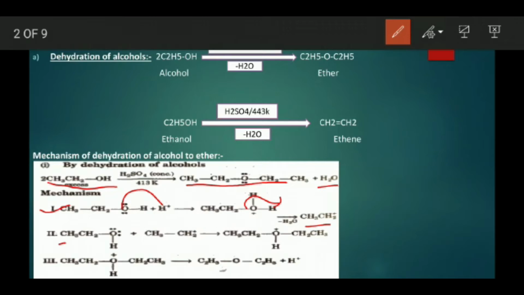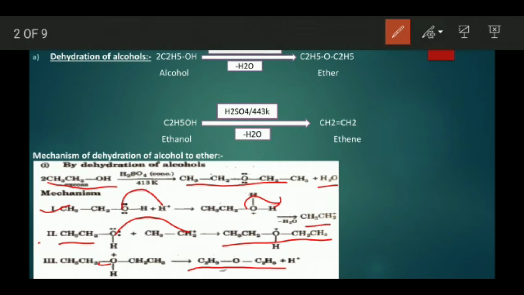On this carbocation, the second mole of alcohol attacks as a nucleophile and it forms this intermediate. This intermediate goes for deprotonation. After elimination of this H plus ion, it forms diethyl ether.